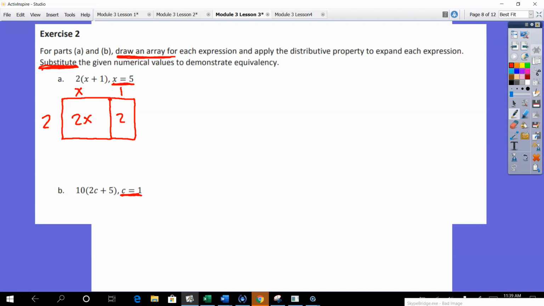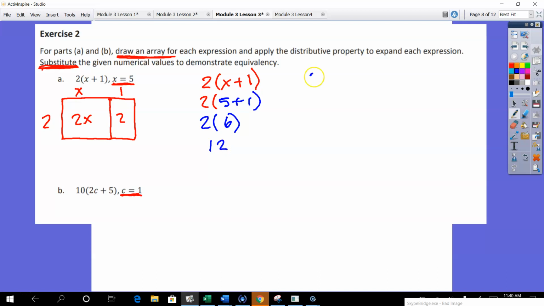And so 2 times x plus 1. Okay, so we're going to say 2 times, replace the x with what it tells us, which is 5, and then plus 1. And do what's in parentheses first. 5 plus 1 is 6. 2 times 6 is 12.